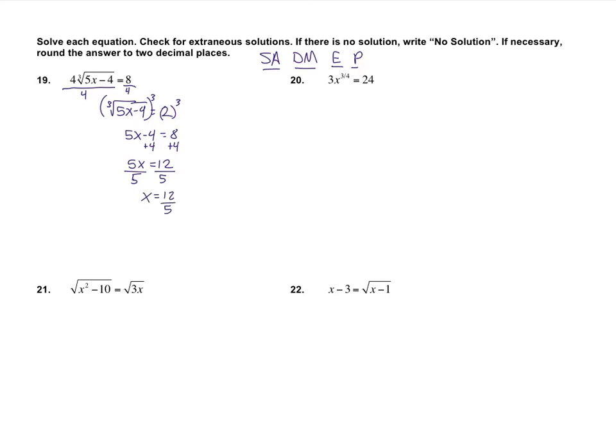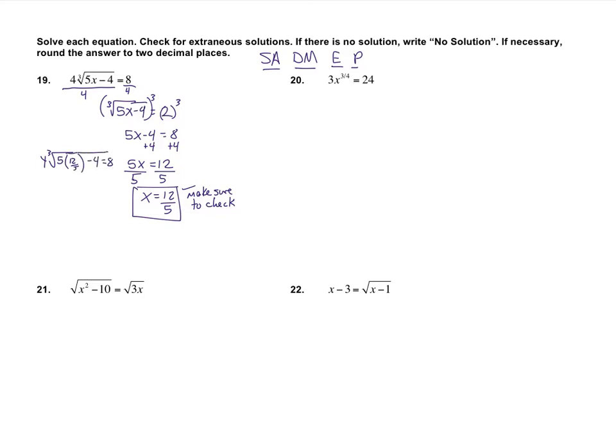So now, we can plug that back in and check to make sure that 12/5 is a real solution. Always check your answers, so we're going to plug back 12/5 for x. That's going to give us 4 times the cube root of 5 times 12/5 minus 4.